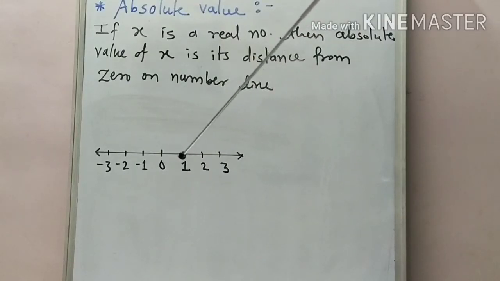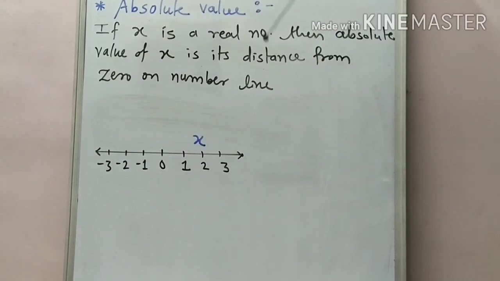So here I draw the number line, 0 is over here, and the right hand side part is what, positive integers, and the left side is negative integers. Okay, and suppose that x is what, that value is 2. 2 is what, an integer, means a real number.